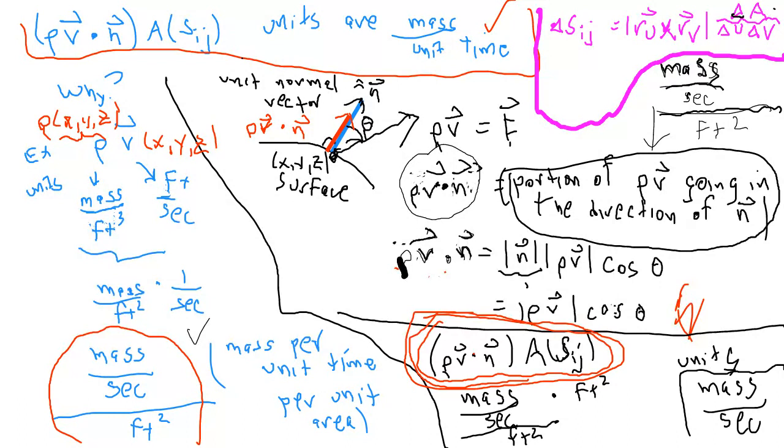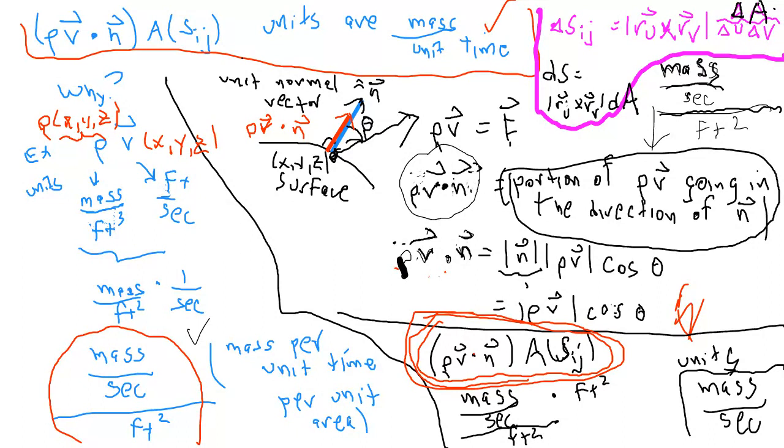Delta A, a piece of area. So then dS would equal the length of the cross product dA.